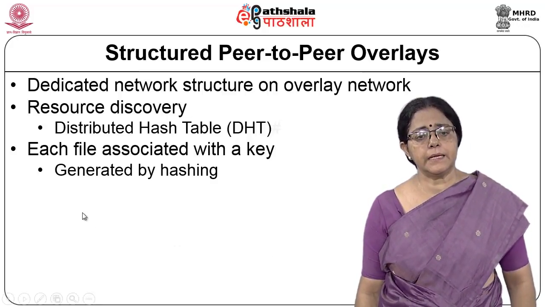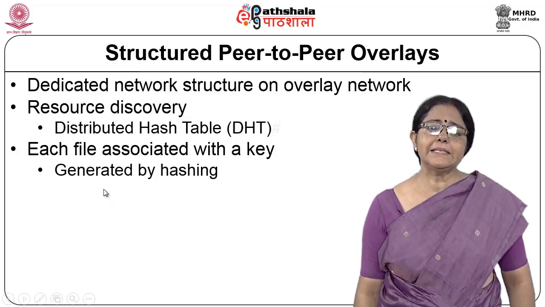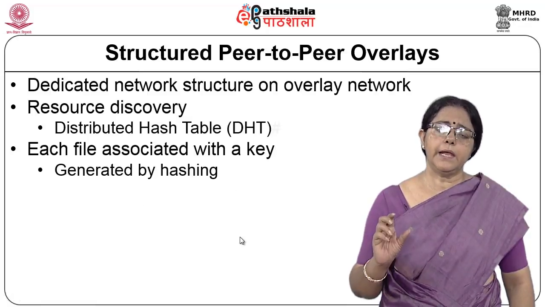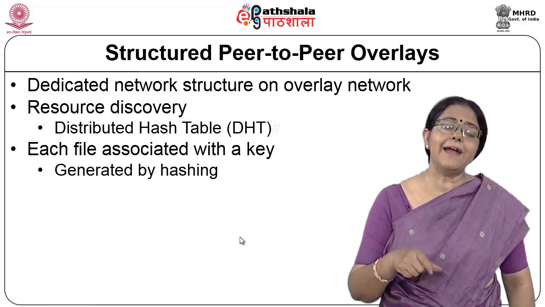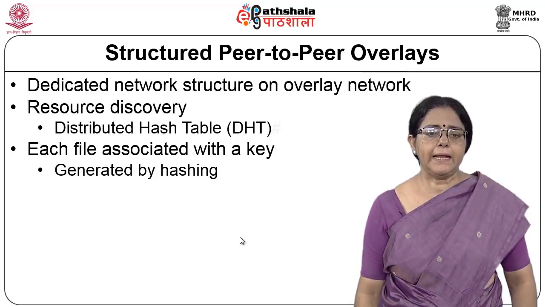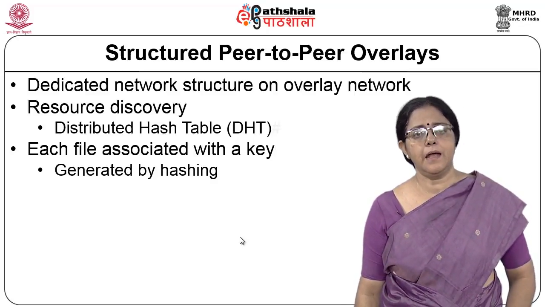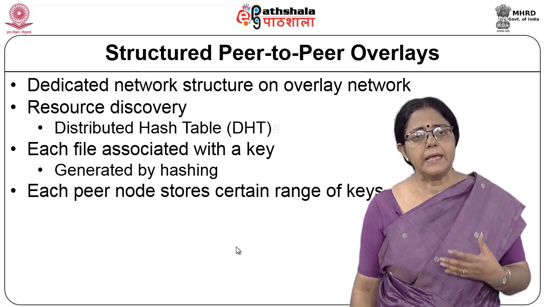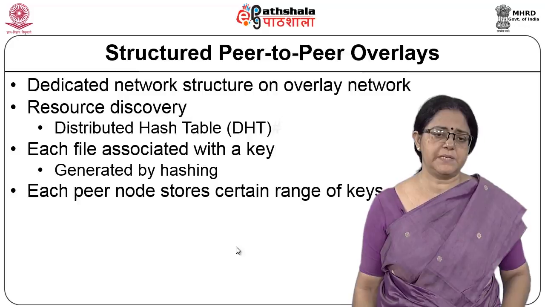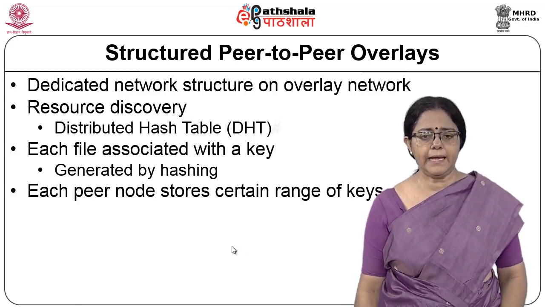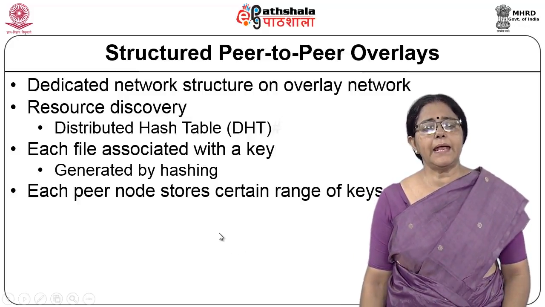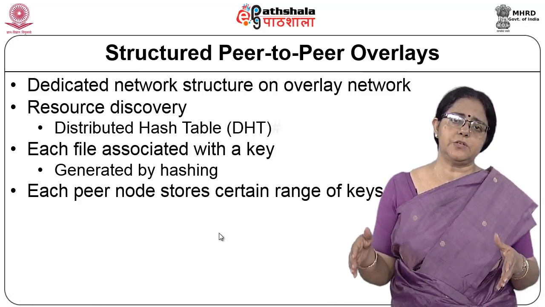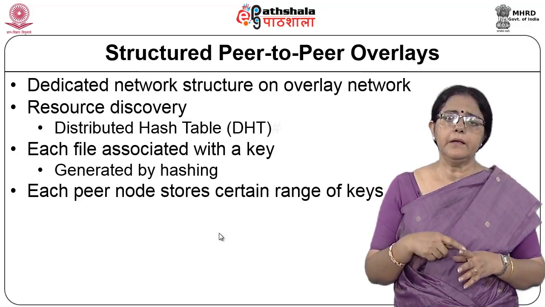But in a generic DHT, each file will be associated with a key. Whatever I want to store, I will generate a key for that file, and this generating mechanism is a hashing mechanism. So, I will use hashing to generate a unique key for a specific file, and I have a large range of keys, and I divide this large range of keys among all the participating nodes.